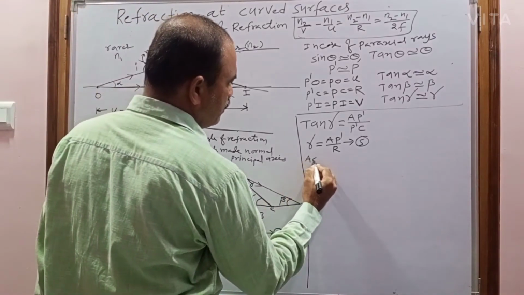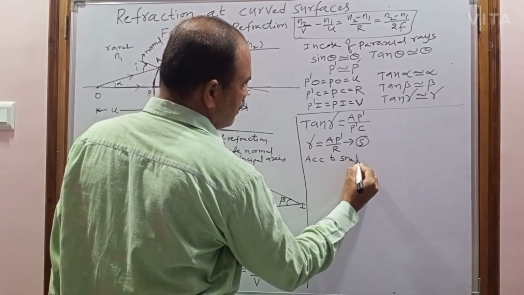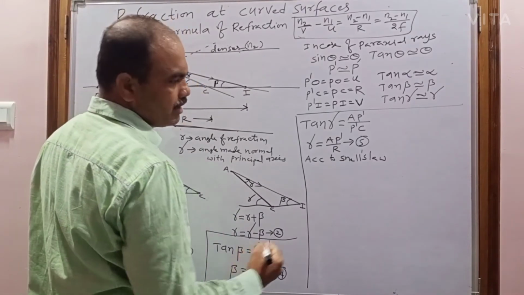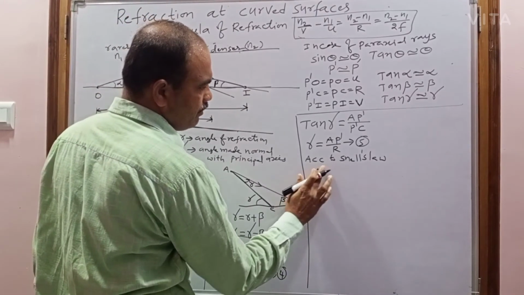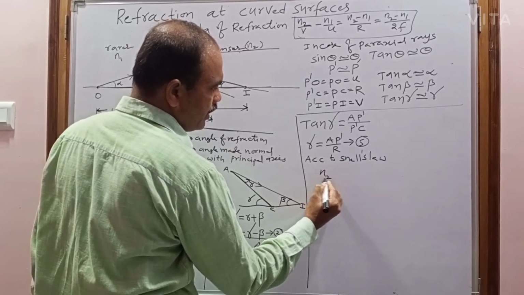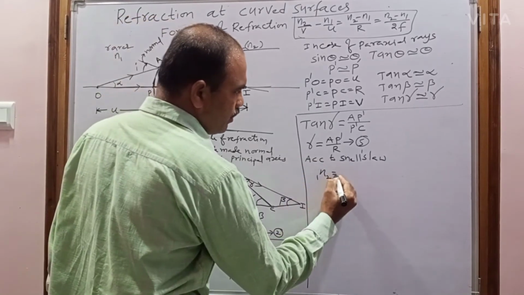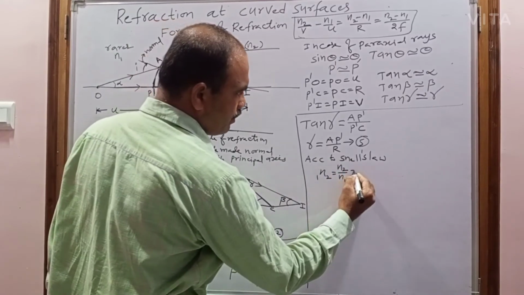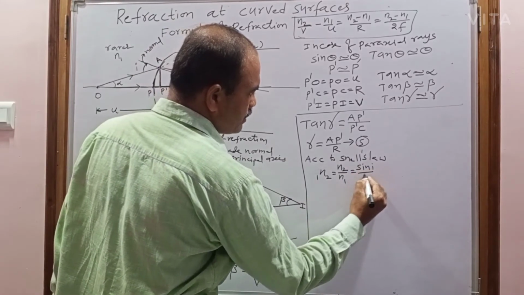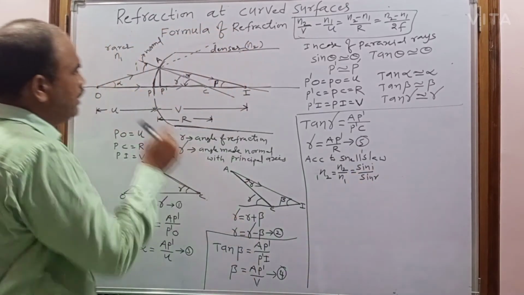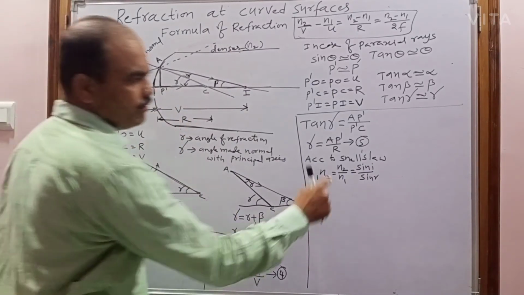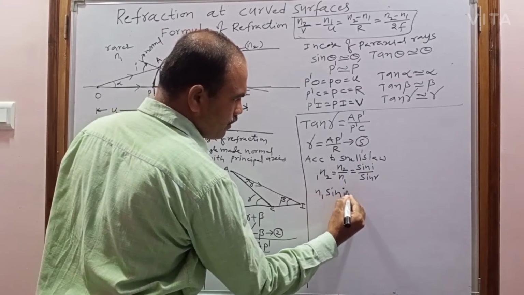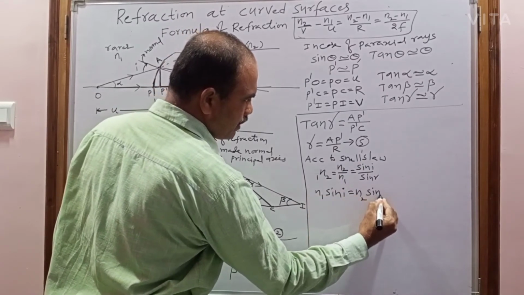So according to Snell's law, relative refractive index of the second medium with respect to the first medium equals the absolute refractive index of the second medium by the absolute refractive index of the first medium, equal to sin I by sin R. This is when the light is traveling from the first medium to the second medium. When I do the cross product, I get N1 sin I equal to N2 sin R.